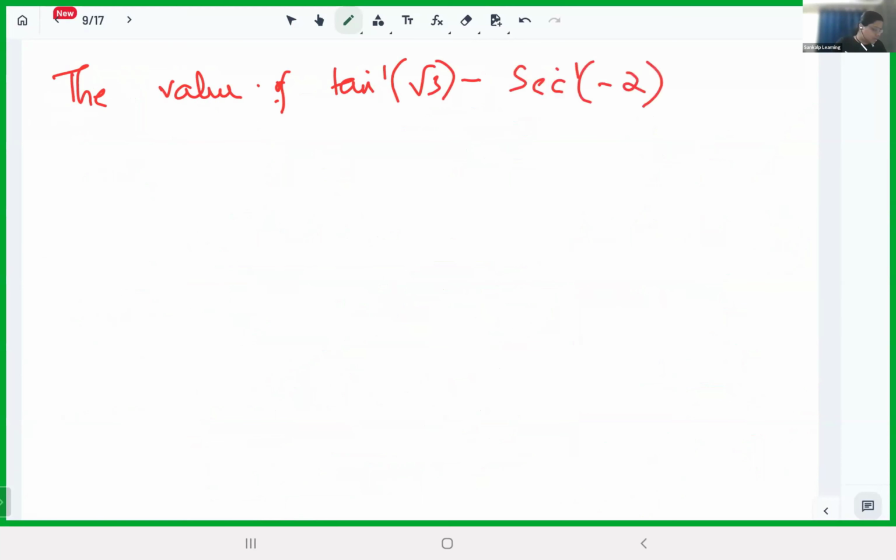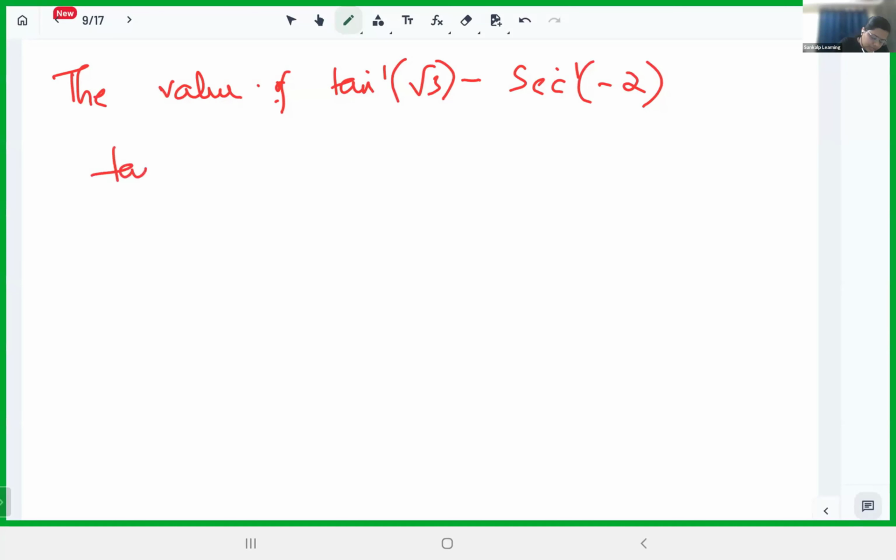So we have to find out the value of tan inverse of root 3 minus sec inverse of minus 2. How will you do this? You split this into two parts. That is, find out the value of tan inverse of root 3 and then find out the value of sec inverse of minus 2. Then subtract each other.